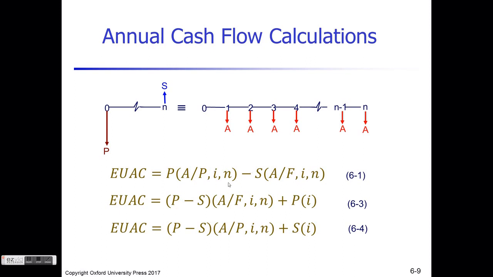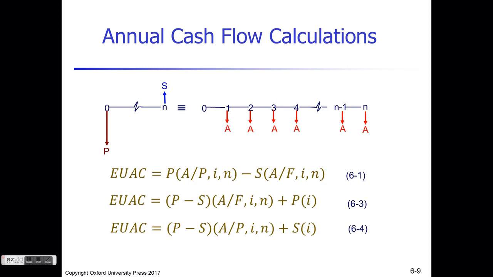Here you have a present, here you have an F, you have an I, an N. So another way that they are saying it can be calculated is EUAC equal to P minus S, A/F, plus P I, or EUAC equal to P minus S, A/P, plus S I. Now, to be honest, what I would suggest is do it this very simple way, because right now we're in the learning process and you will be able to do it in a simple way.